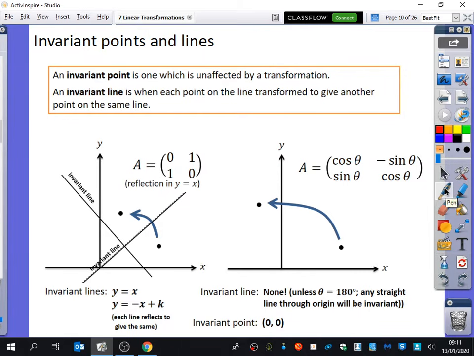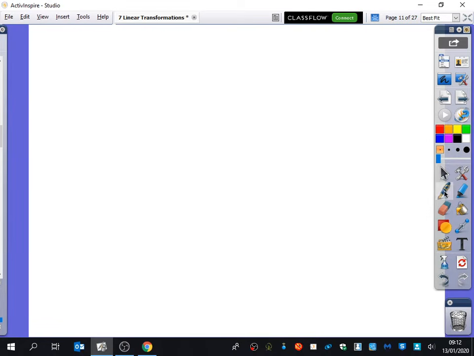It says an invariant line is when each point on the line is transformed to give another point on the same line. Now, this is where things can potentially be a little bit interesting. I'm going to add in another slide here for a second just to do a quick bit of drawing. Now, an invariant point, let's do these with my black axes to begin with.